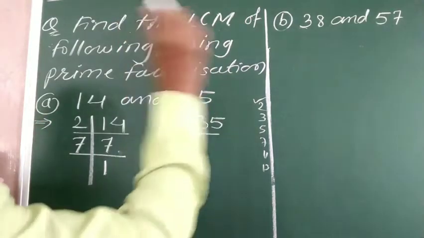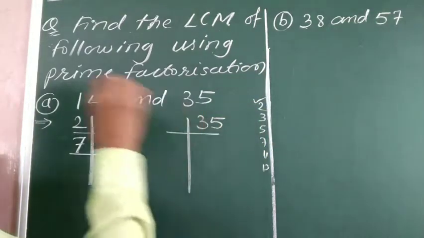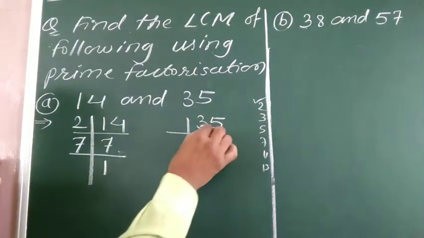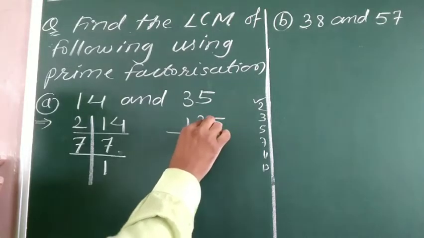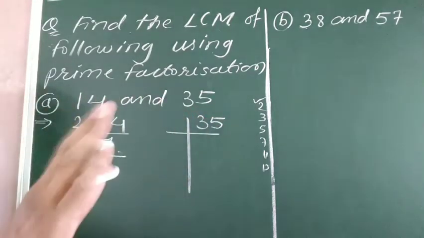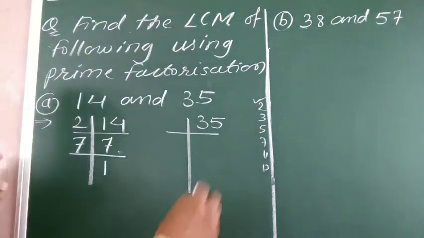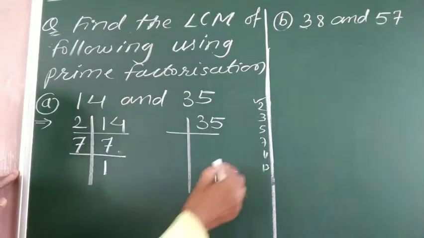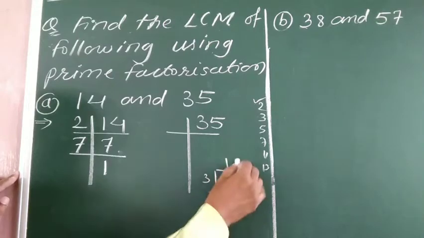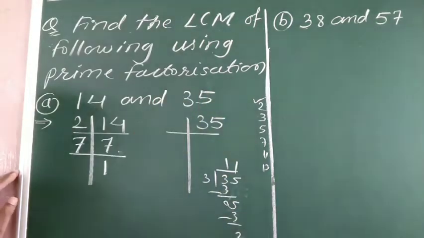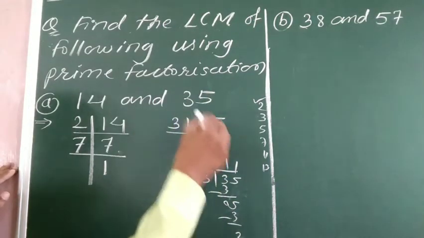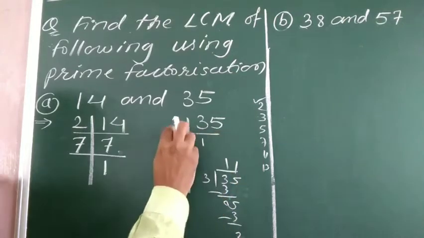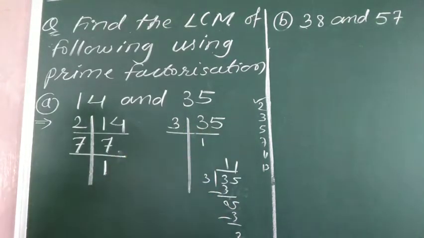Now 35. Can you divide 35 by 2? No, because 35 is an odd number, and an odd number is not exactly divisible by 2. Next we try 3. 35 by 3: 3 elevens are 33, and the remainder is 2.